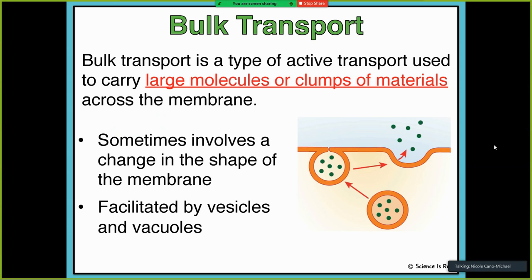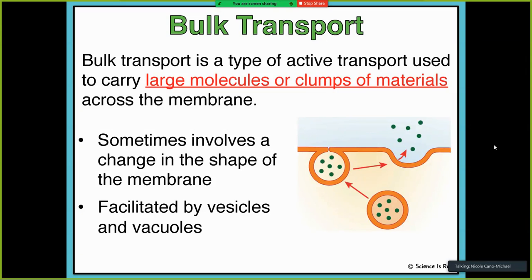All right, so bulk transport. Bulk transport is the other form of active transport. Bulk transport doesn't just move one or two molecules, one or two ions at a time. Bulk transport literally is going to carry a large clump of material across the cell membrane.